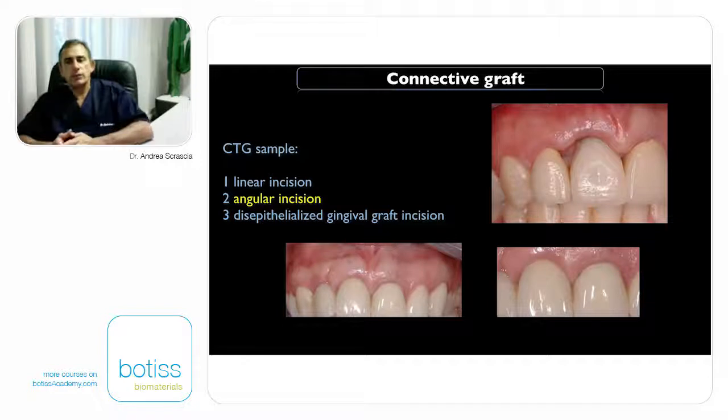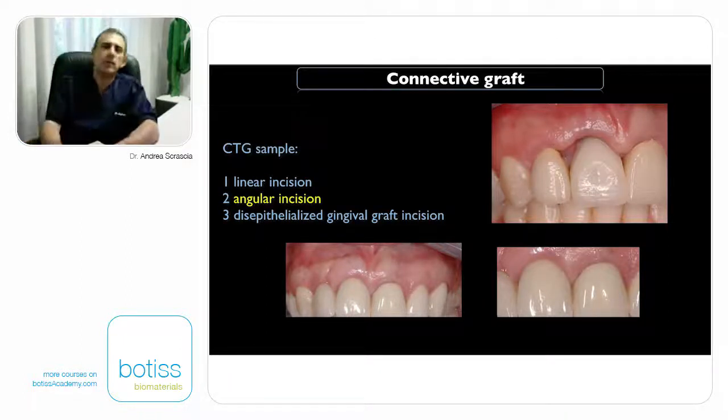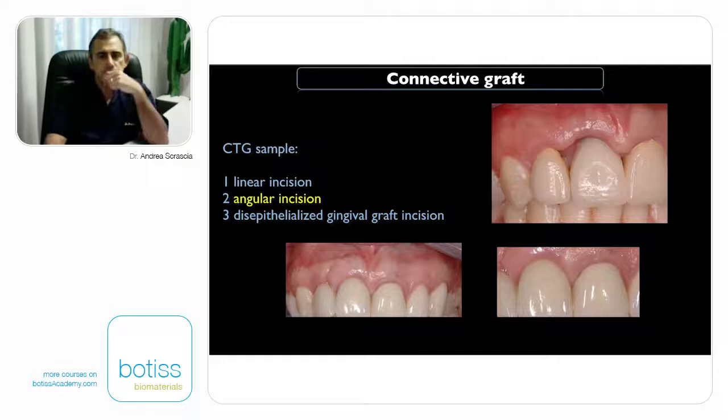The before and after, we can appreciate the augmentation of the distal papilla with a barely visible scar above 1.2, and that could have been easily taken care of with a desepithelialization, but the patient decided not to undergo another procedure and was very happy with the result.